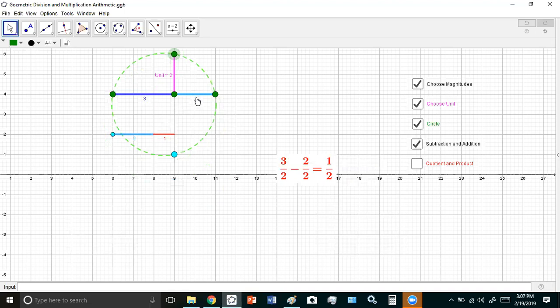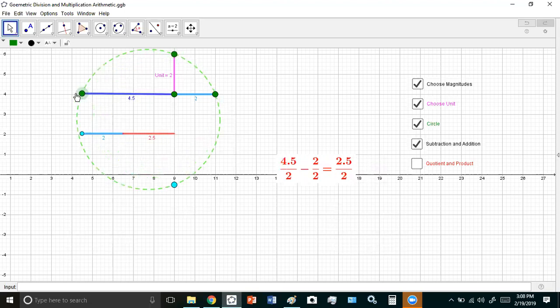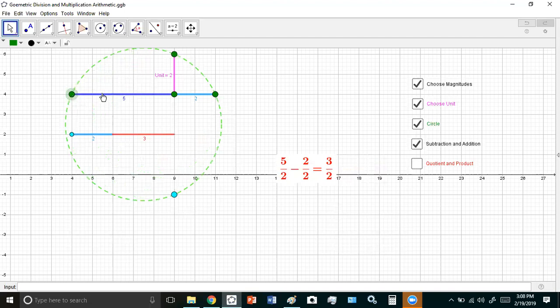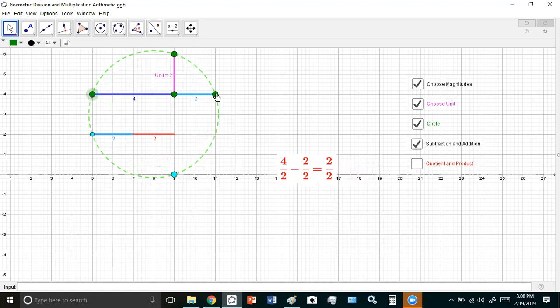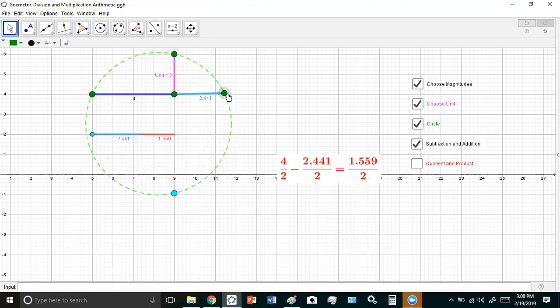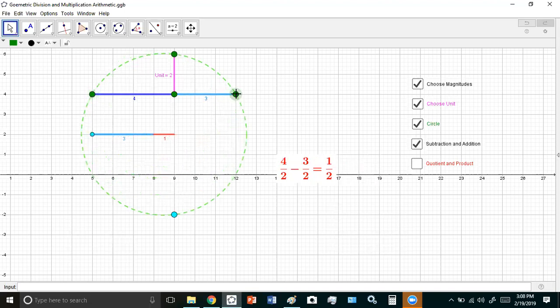So we see that if we take this blue line and overlay it with the dark blue line, the difference will be 1. So 3/2 minus 2/2 is equal to 1/2. And if we increase this length here, the difference will also increase, as you can see, okay? And similarly, if we want to increase this line length here, then the difference will also increase.